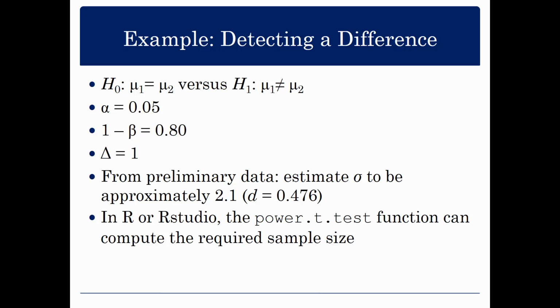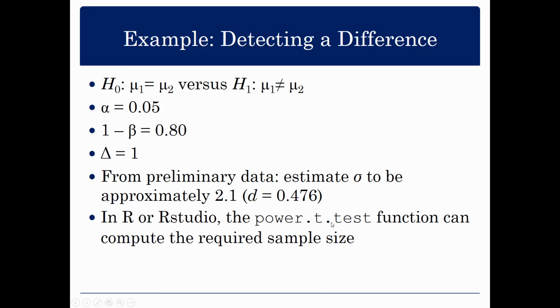So if we use Cohen's d based on preliminary data, let's say we're interested in detecting a difference of 10%. Let's say we do have preliminary data and are allowed to estimate that variability in the data, that noise, of about 2.1. That results in a Cohen's d of 0.476.